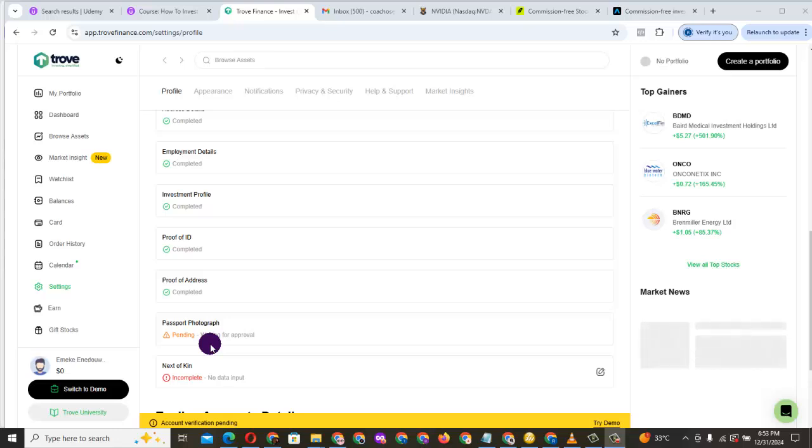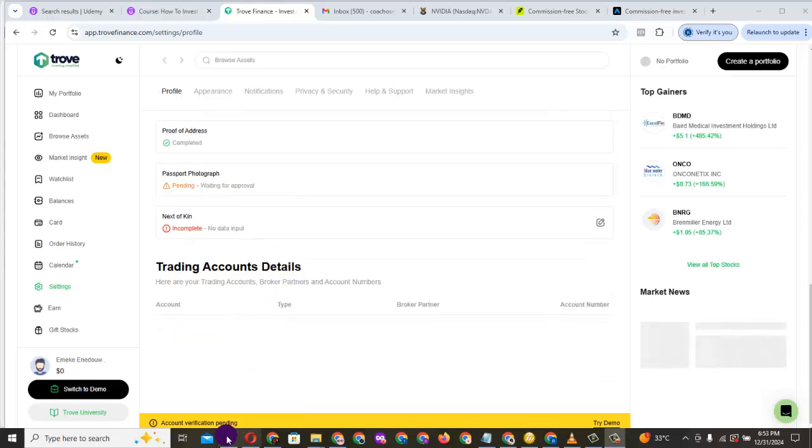So when you do that, you can do the selfie. But if your computer allows you to take a selfie using your webcam, you can also do that. Then the next of kin, you can do that at a later time. Once the passport photograph is approved, you can go ahead and start investing.